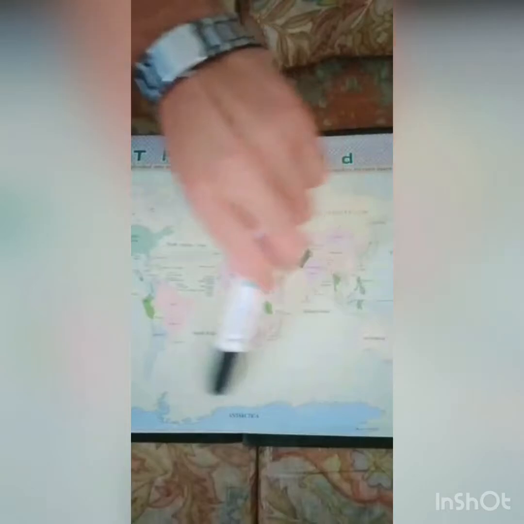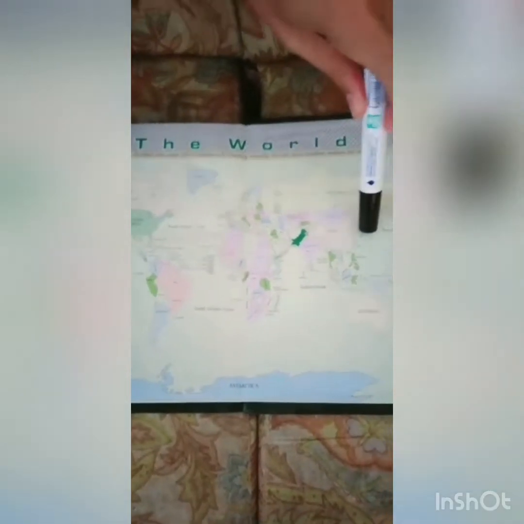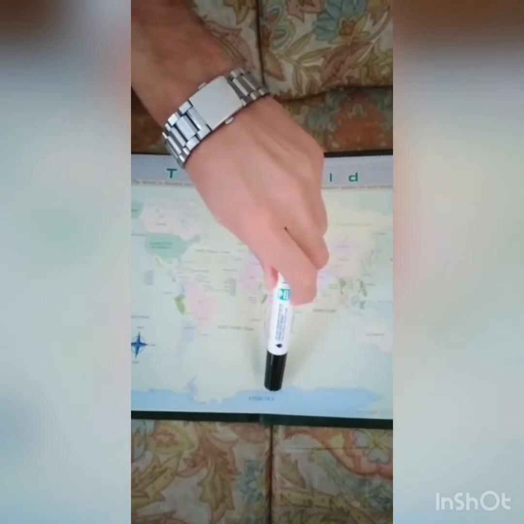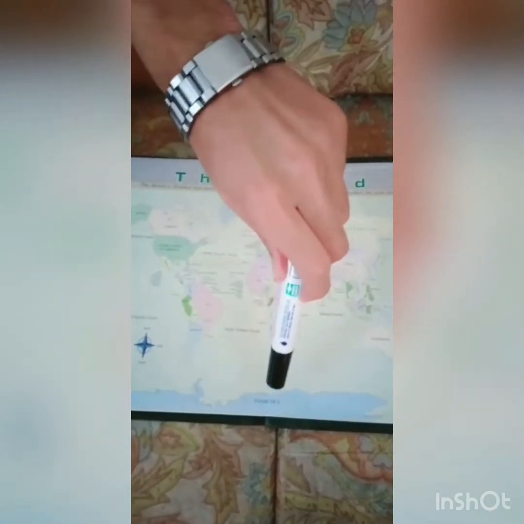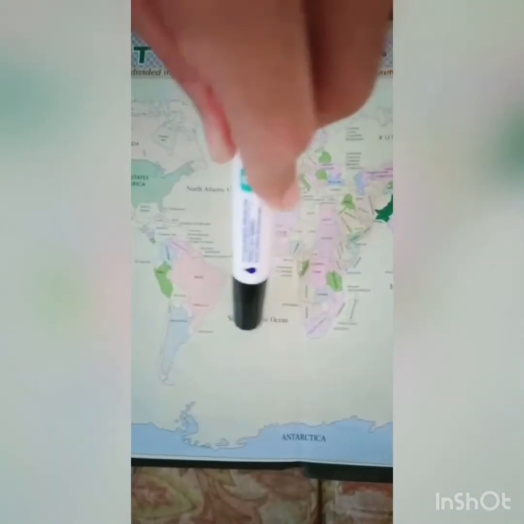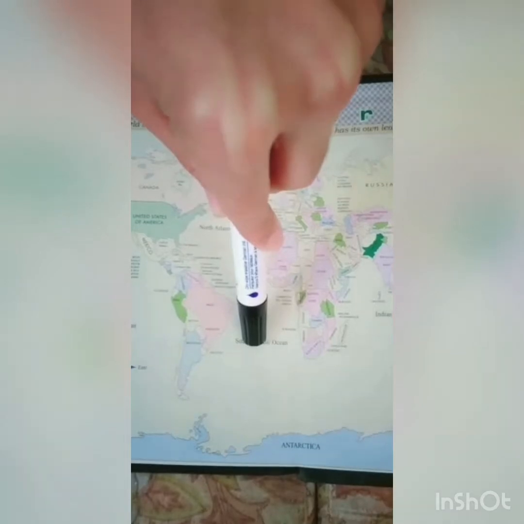You can see here, Antarctica is right at the bottom of the world's map. The continent and surrounding Southern Ocean are also known as Antarctic. This is the Southern Ocean which is surrounding Antarctica, and it is also known as the Antarctic Ocean.